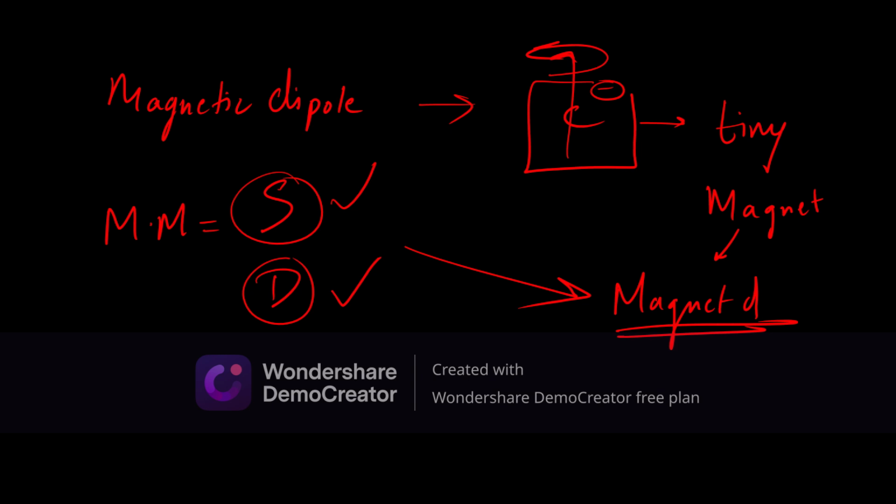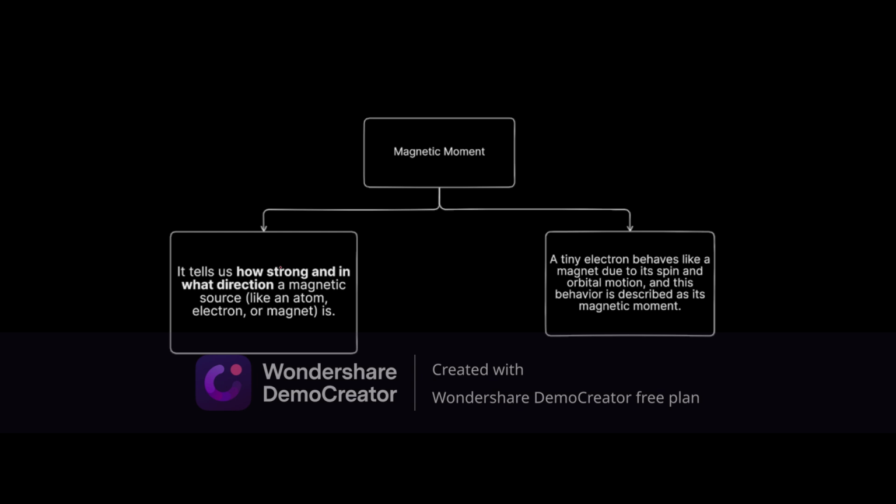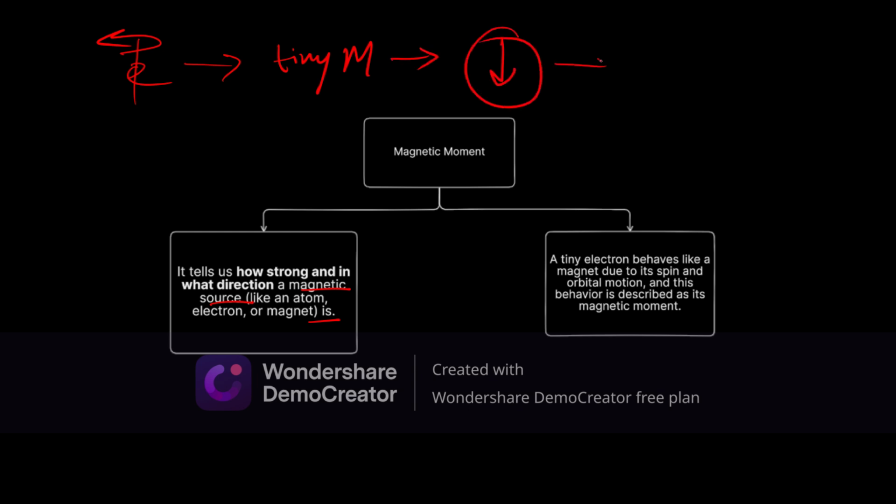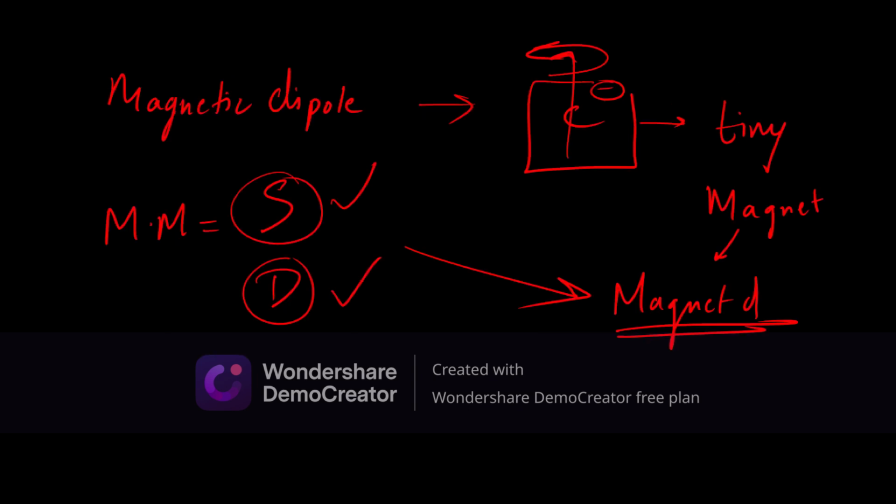It tells us how strong the magnetic source is and in what direction. As I told you, the electron is spinning and revolving, and it is behaving as a tiny magnet, which is known as a magnetic dipole. The strength and the direction of the magnetic dipole is given by the magnetic moment. So because of the motion, we have a magnetic dipole, and the strength of that dipole is given by the magnetic moment. I hope you have understood so far.